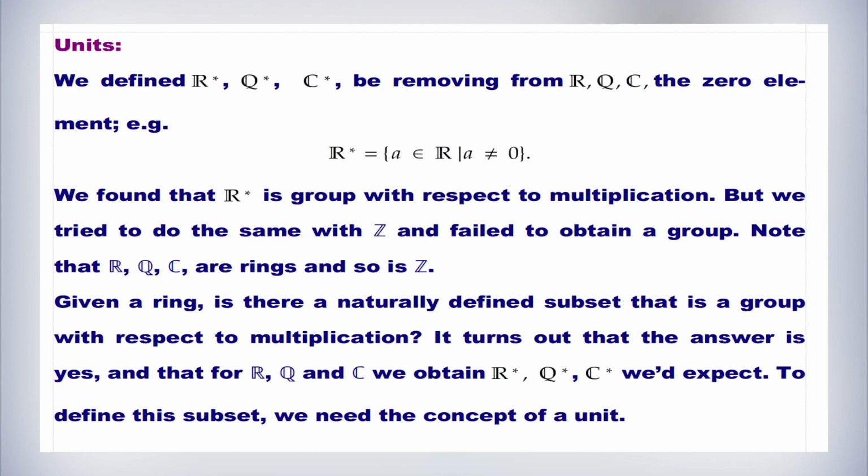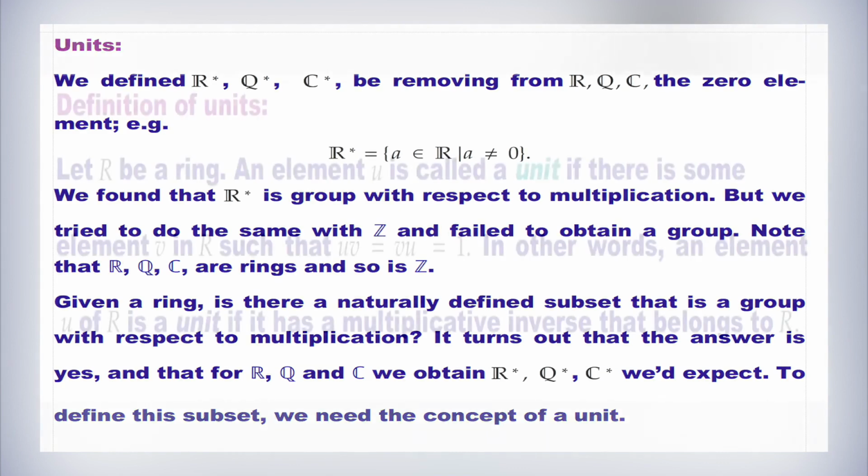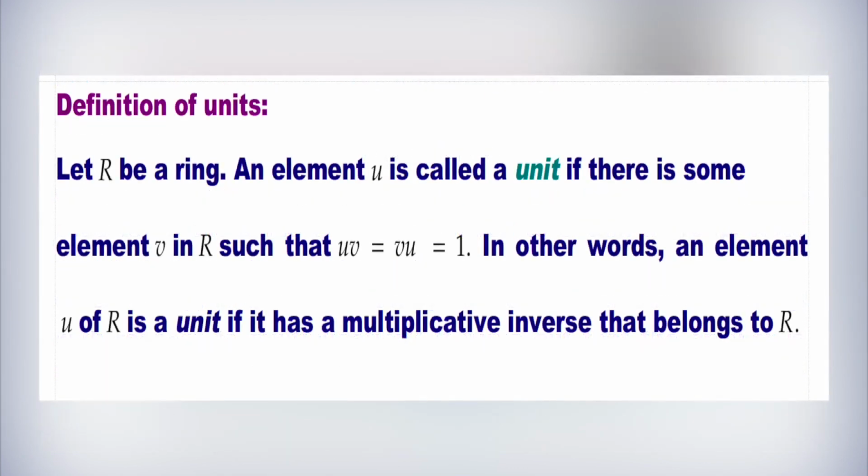It turns out that the answer is yes, and that for R, Q and C we obtain R*, Q* and C* as we would expect. To define this subset, we need the concept of a unit. So, let us recall the definition of a unit.